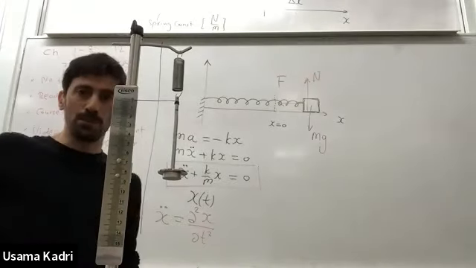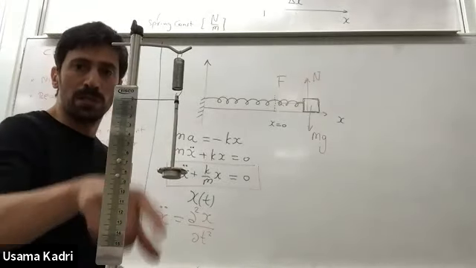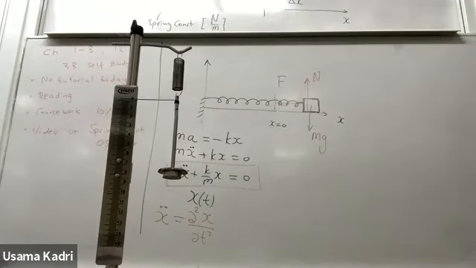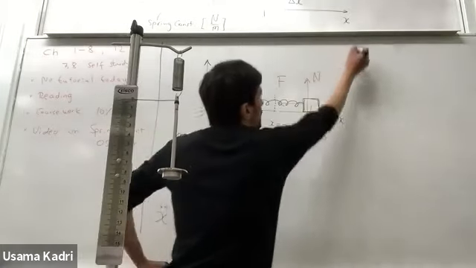That gives me the position of this mass, which is oscillating in time. And that solution, you can try to guess if you want, is a sine or a cosine.